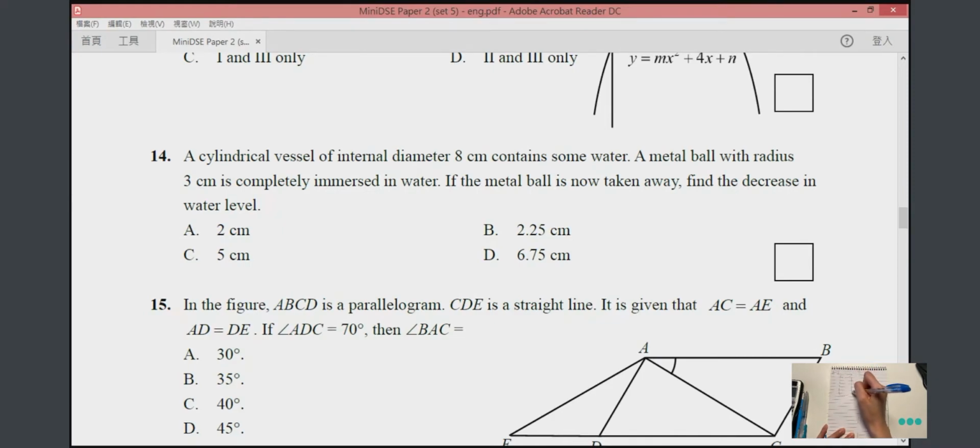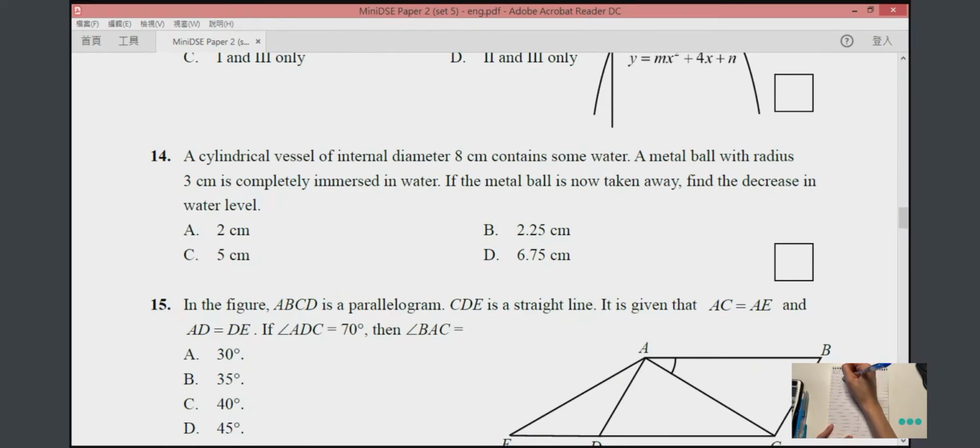It is a cylinder having water, with internal diameter 8, that means the radius is 4. And then there is a metal bore with radius 3 cm, which is a sphere, completely immersed. If the bore is taken out, find the decrease of water level.